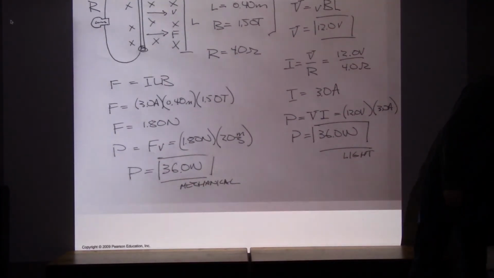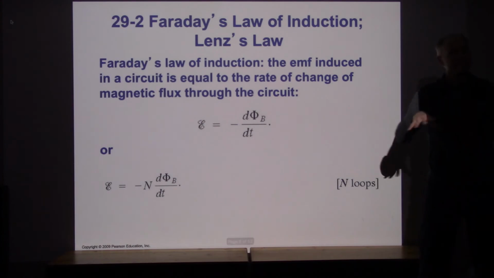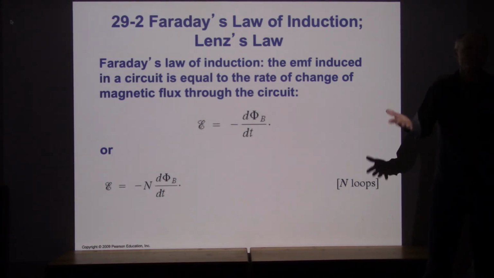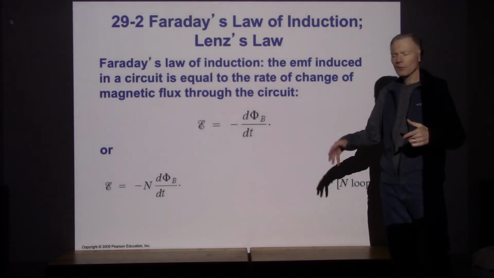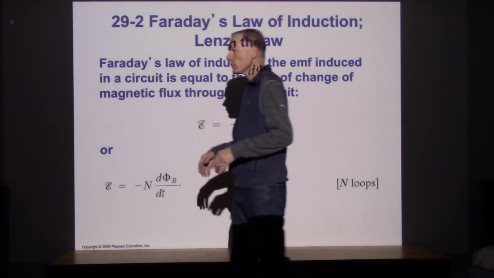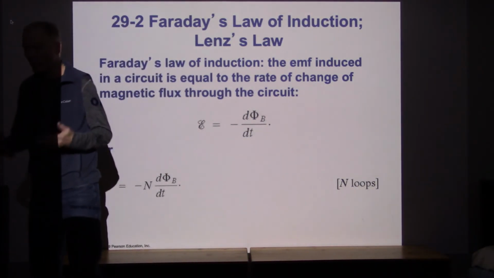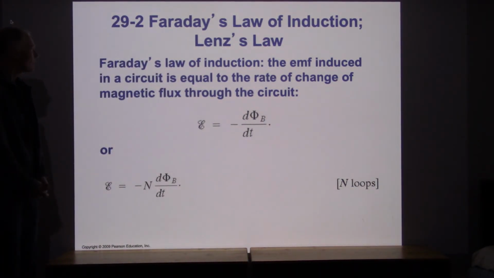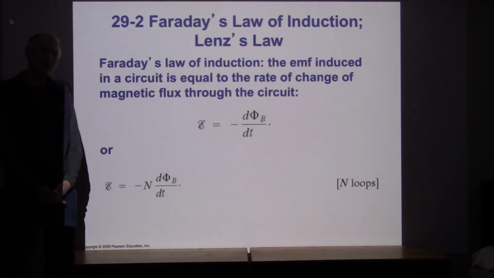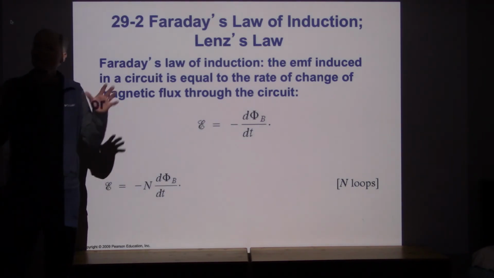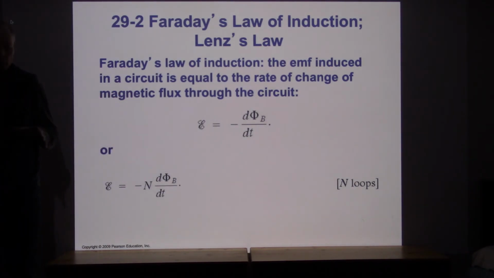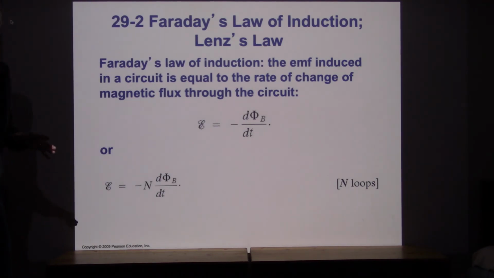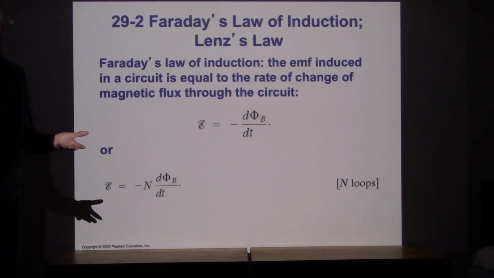All right, so that's, I'm going to say, again, kind of done. We've looked at all the stuff we want to look at as far as what are the basics of a generator, what are the simplest ways of looking at it. Now, you guys remember Gauss's law and you remember Ampere's law? They were kind of these theorems that you could use when you had enough symmetry.